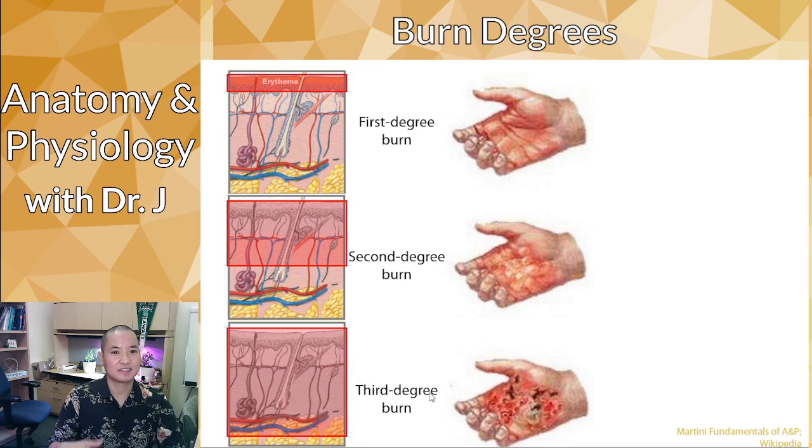If you burned off these nerve endings, you can't feel it, because these neurons can't transmit pain signals to your brain. So this is a key difference between third and second degree burns. You burned it so bad that the nerves can't even do their job.